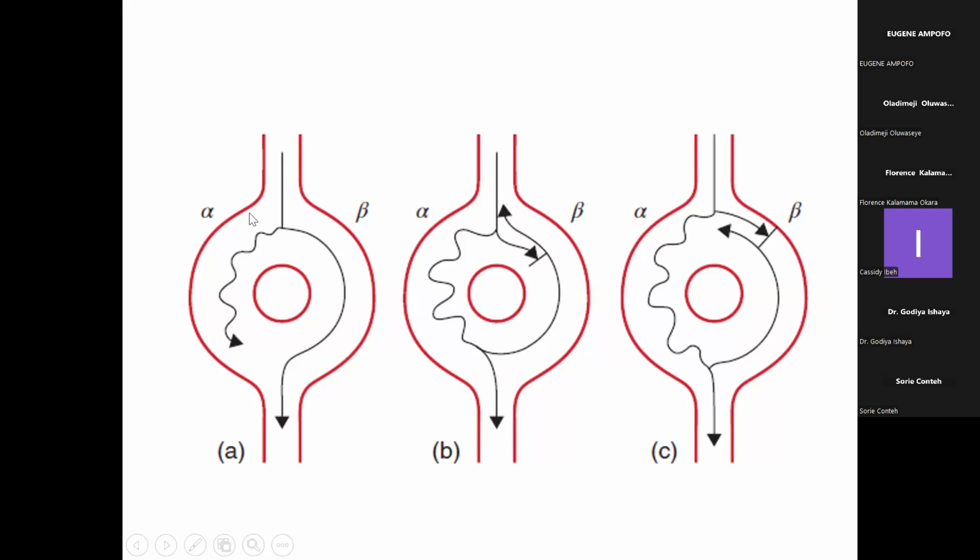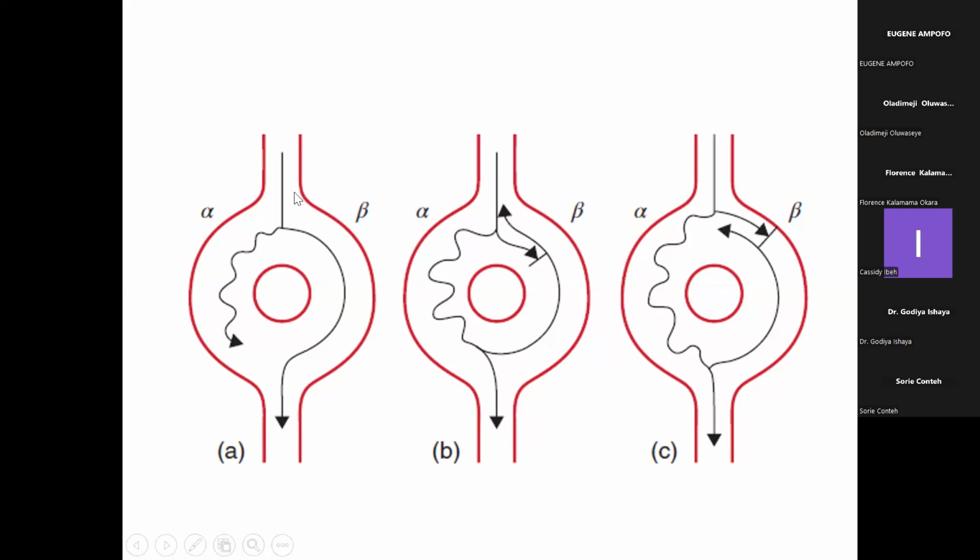You said there's a fast and there's a slow pathway. So what are the features of the fibers? The fast pathway conducts electrical impulse faster than the slow. However, it has a longer refractory period. Okay?